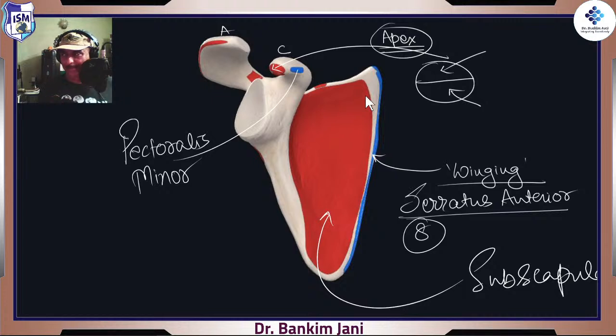Which muscles are connected on the apex? And you know the answer. Short head of biceps and below it is coracobrachialis. Excellent, because you remember we were drawing it like that, the apex is biceps.